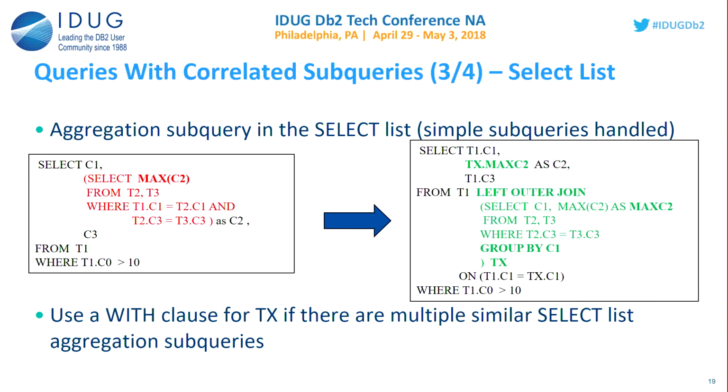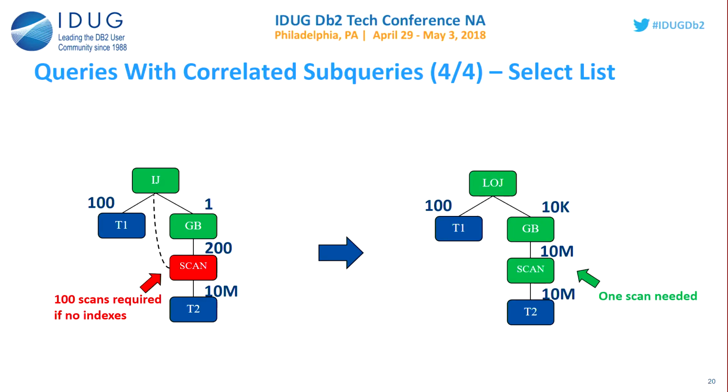If this is an empty set, this will be a null value. Okay, so this is a correlated subquery converted into an outer join, and a lot more efficient. Again, because we don't need to scan the table 100 times, we do the aggregation once, and do the left outer join and fill in the select list value.